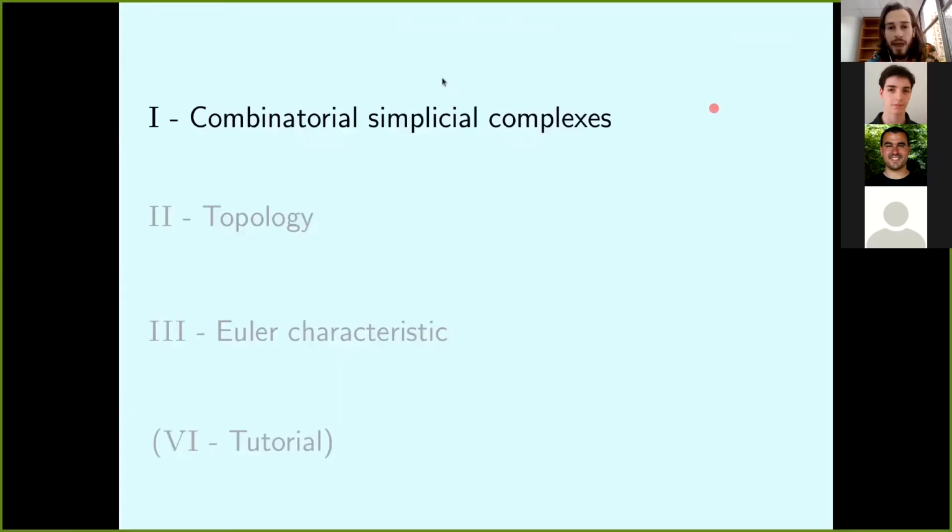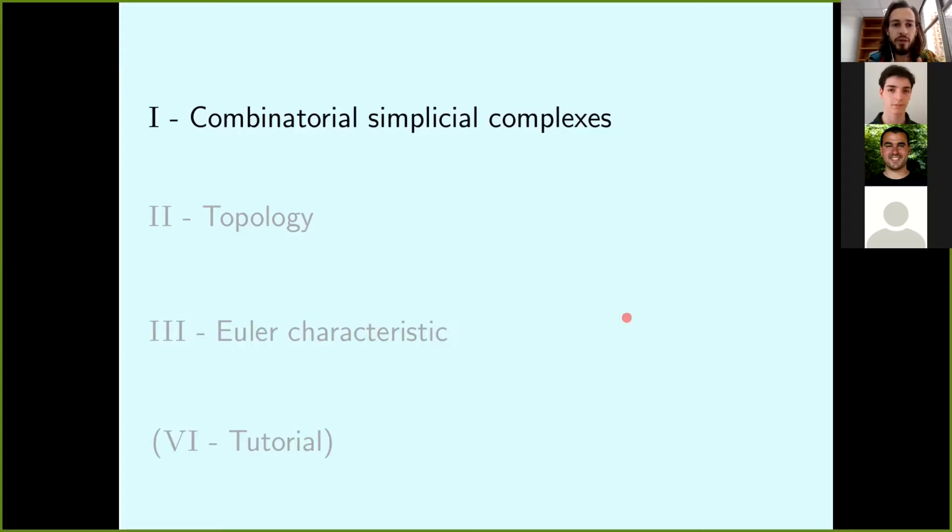So I will start by defining simplicial complexes. We will see how they are linked to topology. In the way, we will be able to define a new invariant that is called the Euler characteristic.